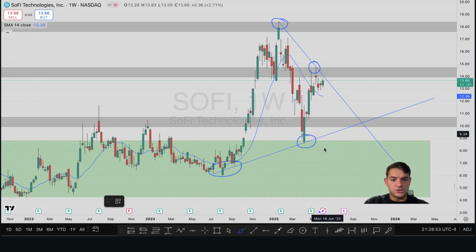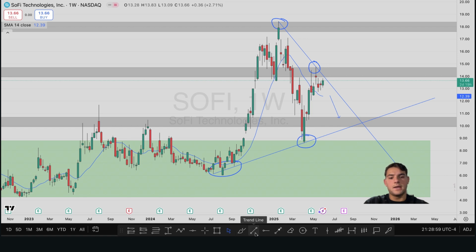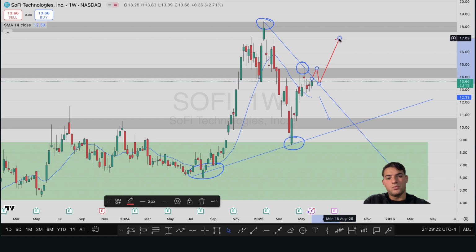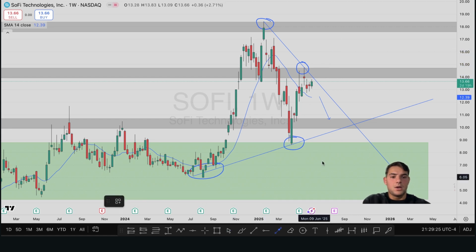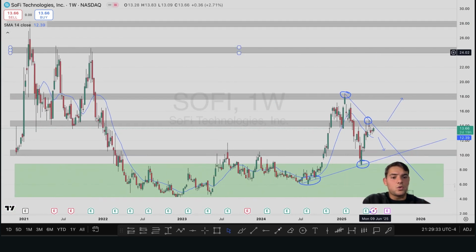So either we pull back to this gray area and trend line to then create a higher move, or the second option is to break above this trend line. Stocks are different. Every stock and every asset, like a currency, a commodity, or metals, is very different. I don't believe too much that stocks do the break and retest, but sometimes it can happen. Let's just say we have to break this high over here to then reach back the 18 target.